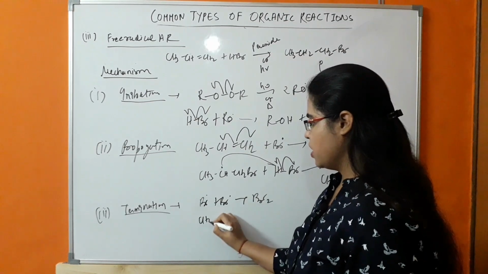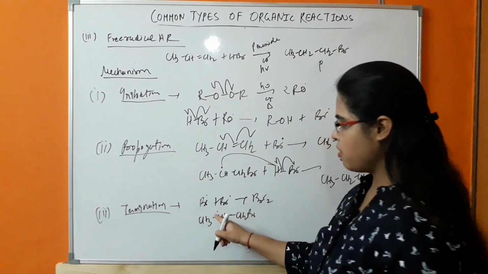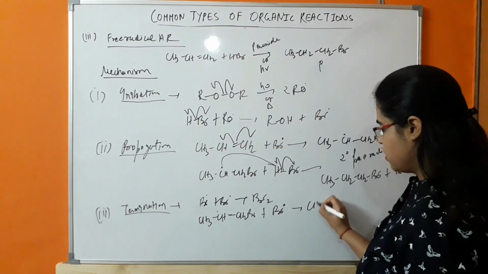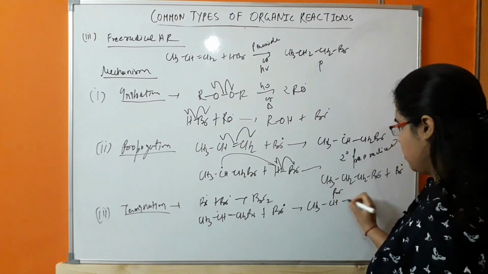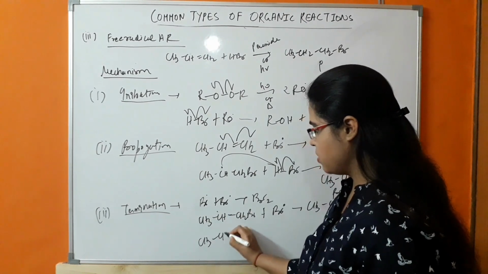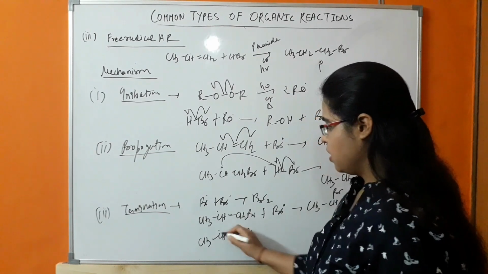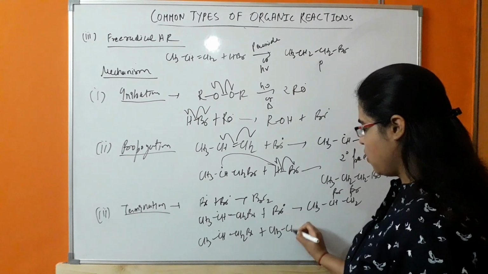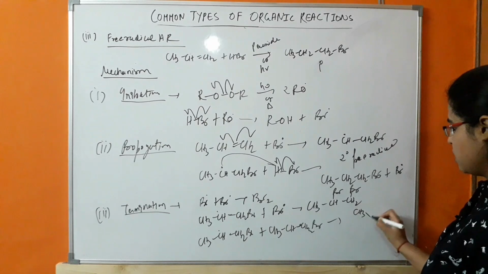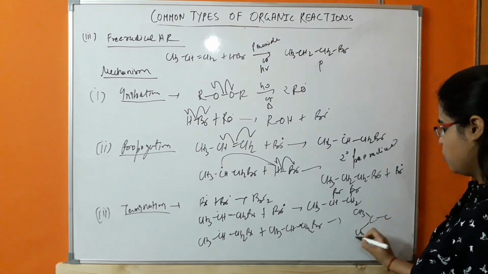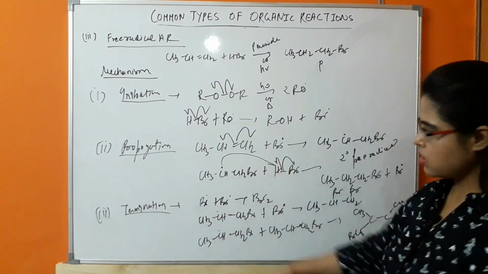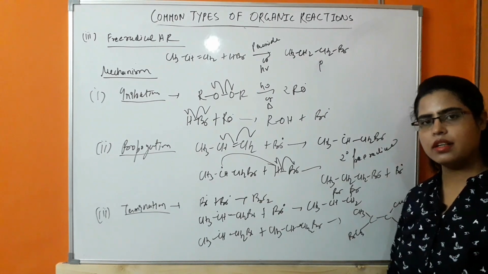CH3CH•CH2Br is also having a free radical, so either it will react with a Br free radical to form CH3CHBrCH2Br, or these two similar molecules can react with each other to form CH3CHBrCH2CH2BrCHCH3, the possible byproducts formed by termination.